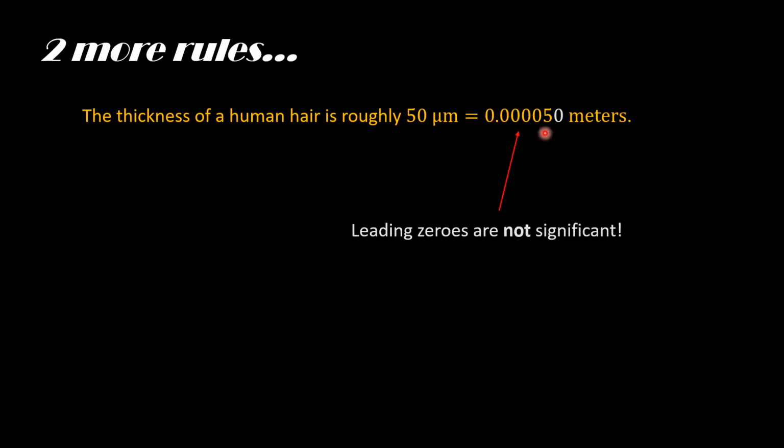So if I wanted to write this correctly to re-express this number, I actually wouldn't put this 0 at all. I would just leave it at 5 to indicate that there's only 1 sig fig. If I did write the 0, that means that this 0 was significant. Okay, that's probably more than you ever wanted to know about sig figs. We'll use this a little bit through the remainder of the semester.